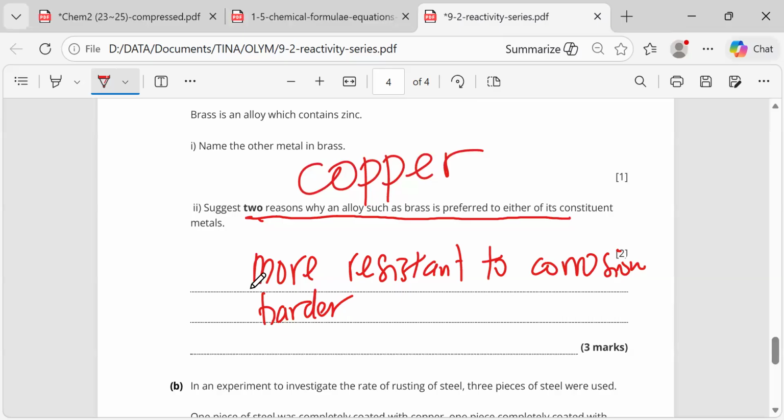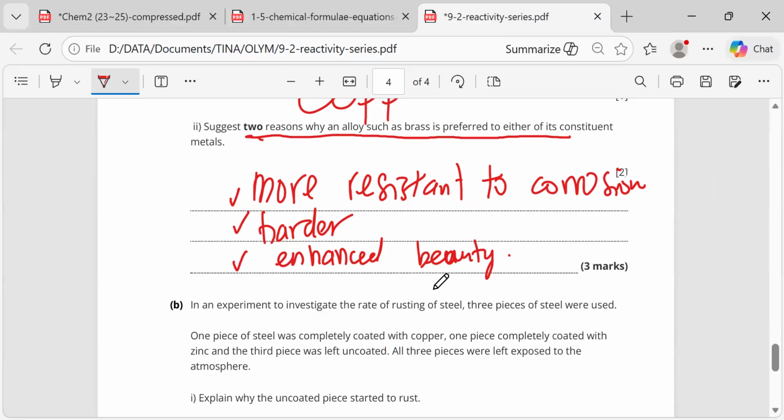And then it has enhanced beauty. That means more beautiful. You want to say it looks prettier, also can.